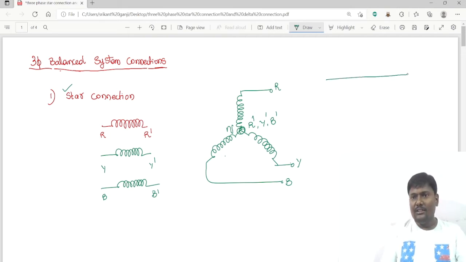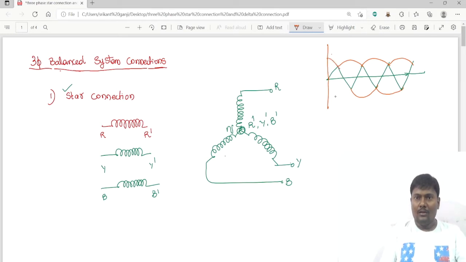So if you are going for the 3-phase waveform, I am drawing the 3-phase waveform like this. So this one is R phase, Y phase and B phase, and all the windings are displaced by 120 degrees.